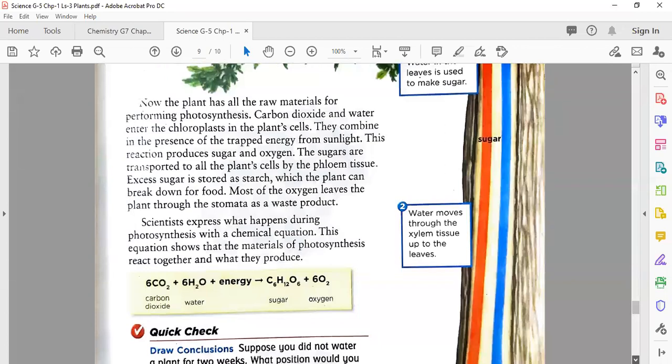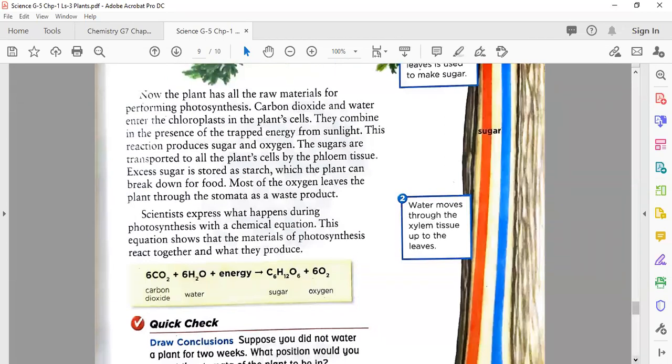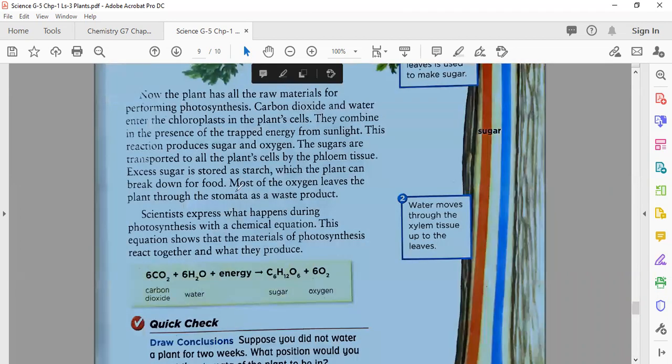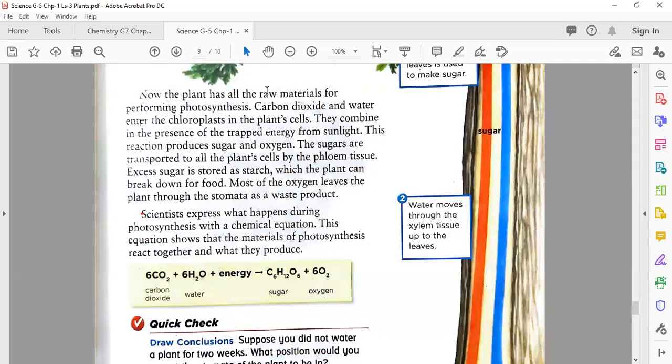Now, the same equation that I explained before is mentioned here. So please look carefully at this definition so you can understand. Scientists show what happens during photosynthesis with a chemical equation.